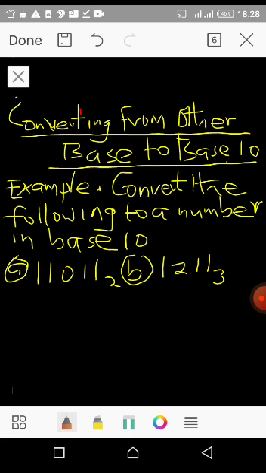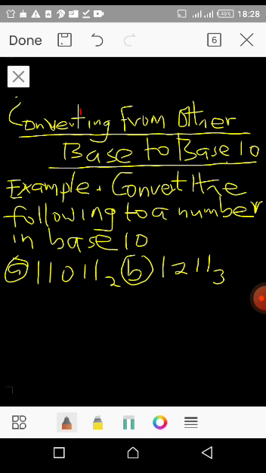Of course, we know that machine language, computer machine language, uses binary digits. So for you to understand machine language, the binary figures, you must convert it to decimal figures, and that is the only way it will make sense to a human being.